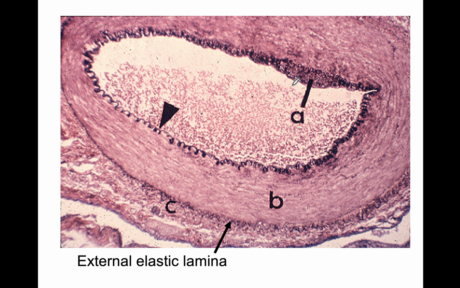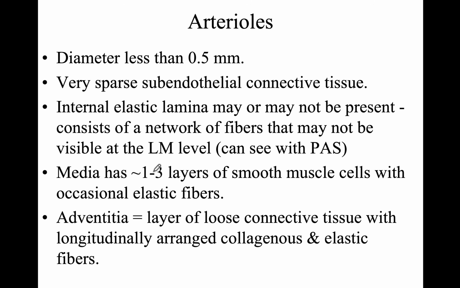In this slide, with a special stain we could resolve the internal elastic lamina and the external elastic lamina. The internal elastic lamina limits the tunica intima from the tunica media, whereas the external limits the tunica media from the tunica adventitia.